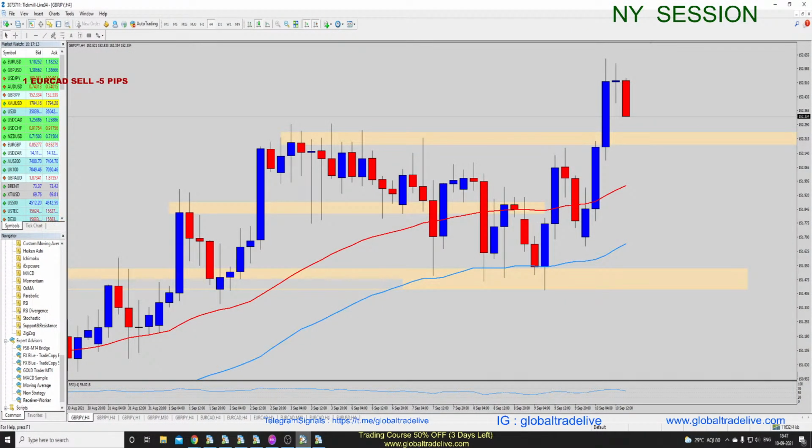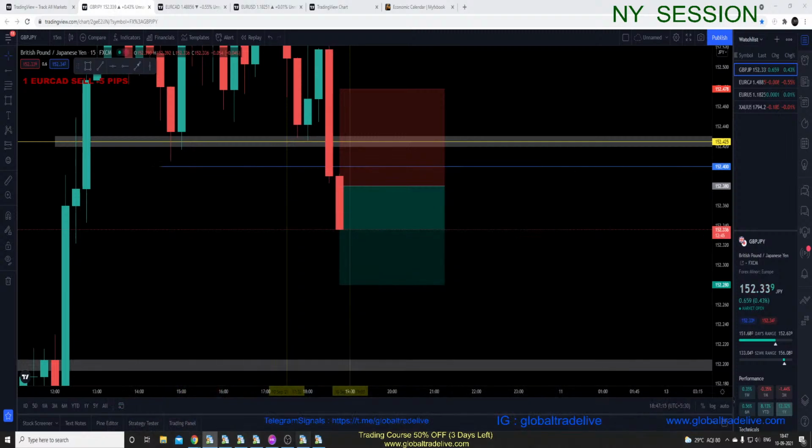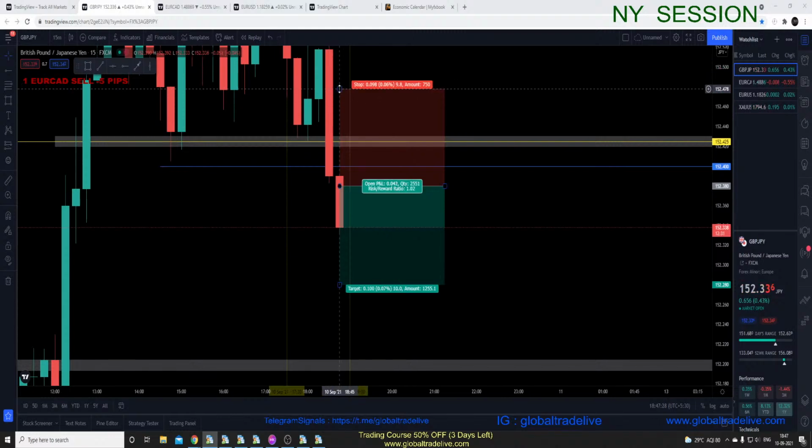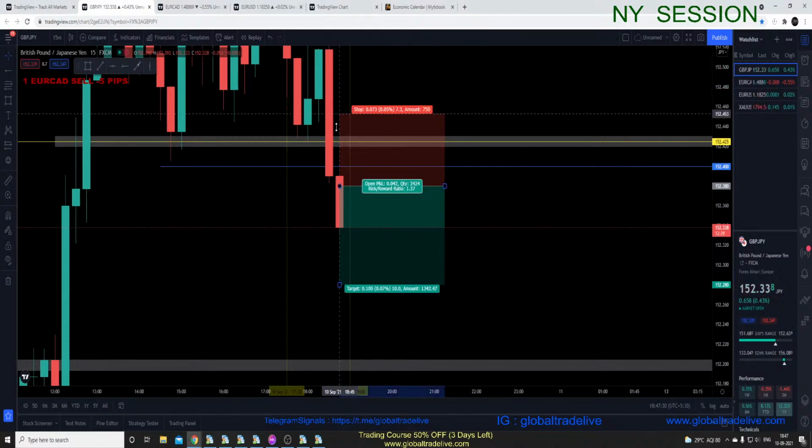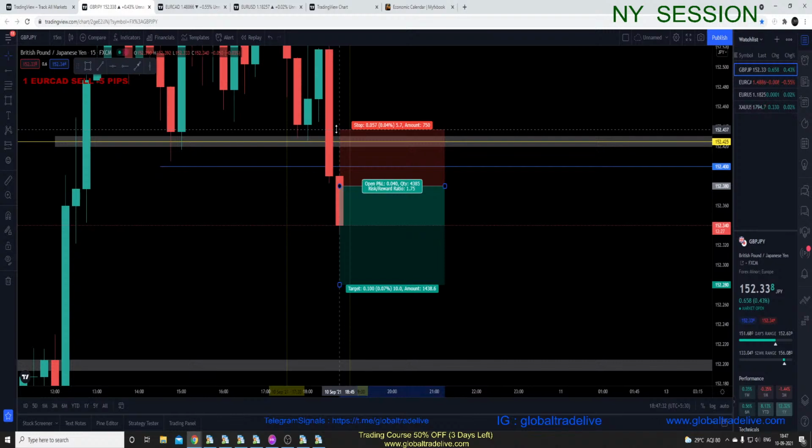The 4-hour candle is coming all the way down at this point. So now I'm keeping my stops at this price over here, around 5.7 pips, 152.437.